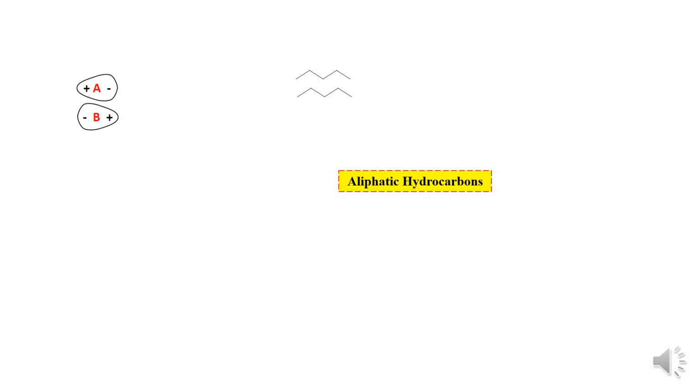A dipole is formed, and the dipoles between the two chains of the alkane lead to van der Waals attraction, and with the increase in the length of the chain, the number of intermolecular forces increases, or you can say the number of attractive forces increases with the length of the carbon chain.